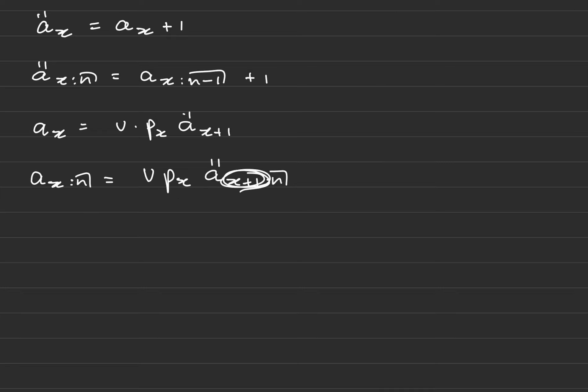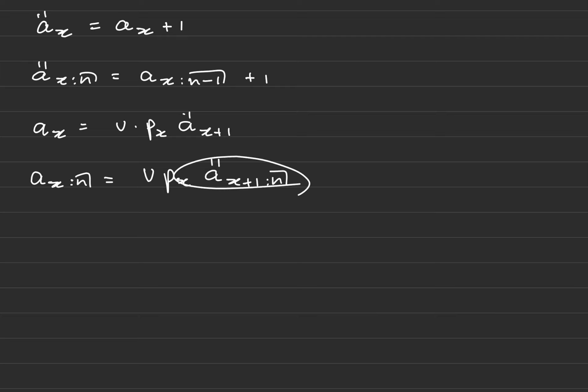But this starts at age x plus 1, but it's in advance. This starts at age x, but it's in arrears. So effectively the first payment here is at age x plus 1. So the payments do match, but the difference is the same as in this case, where this one is discounting them to time 1 or to age x plus 1, but this is discounting them to time 0 or age x.